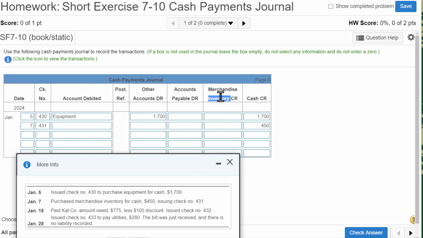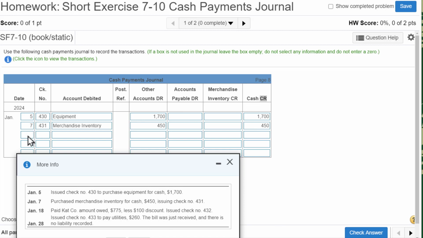But no, it's not this column, because in this column, inventory is being credited, going down. So we need to go over here to account debited. This is the other account. Choose inventory, and then for the other debit, notice this debit is here. We put 450. So 450 inventory is going up with a debit. Cash is going down with a credit.